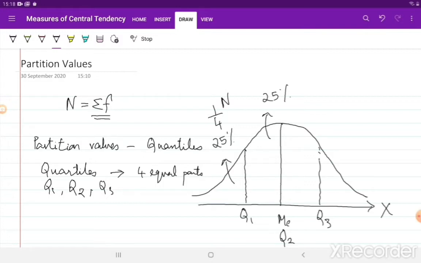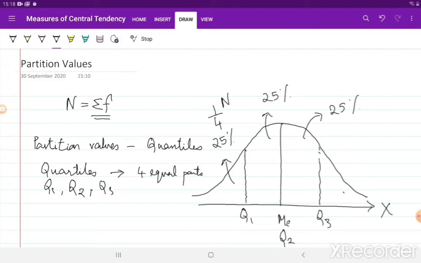The third quartile, or the area between Q2 and Q3, will contain another 25% of the total observations of variable x.